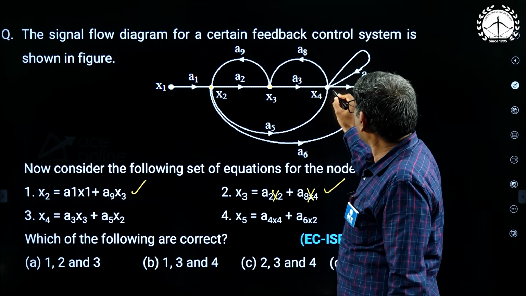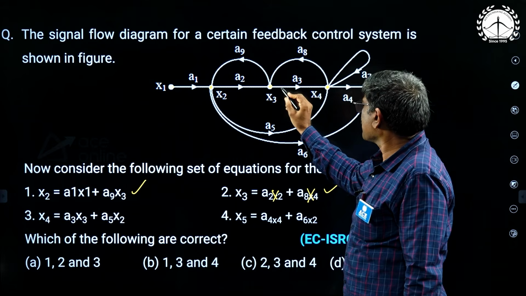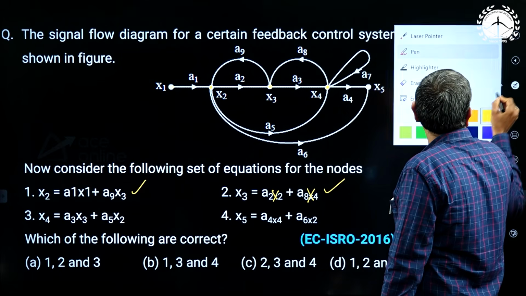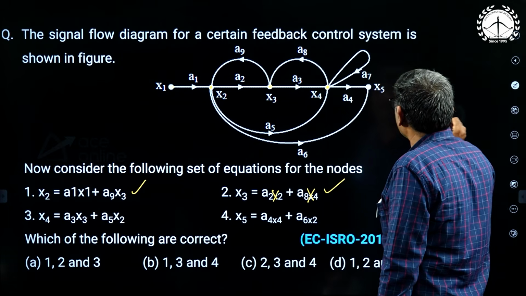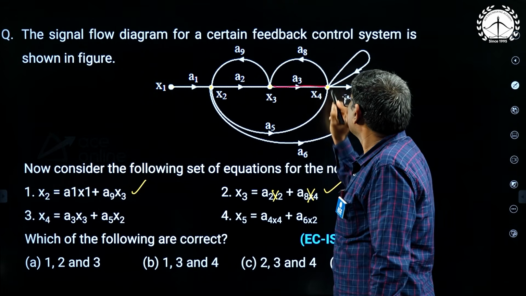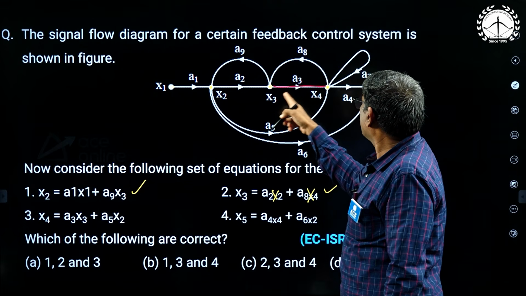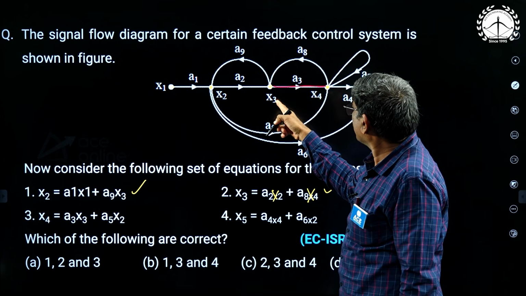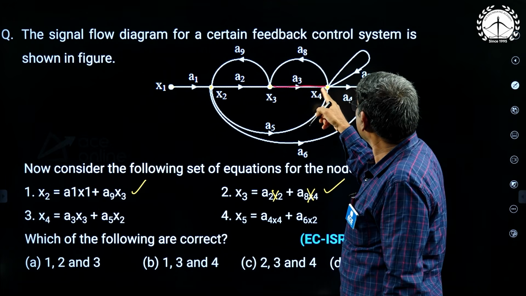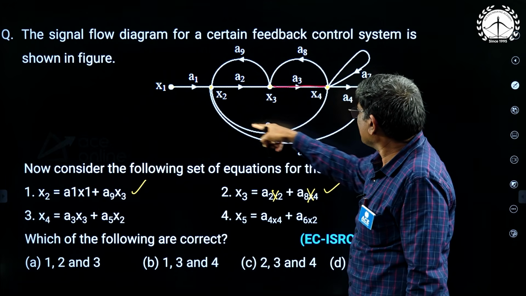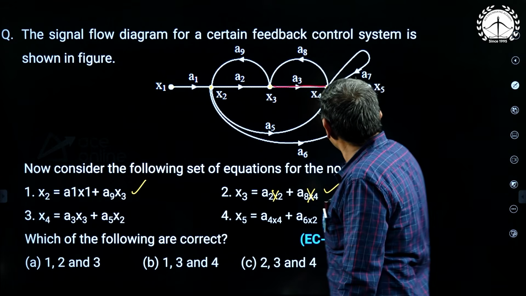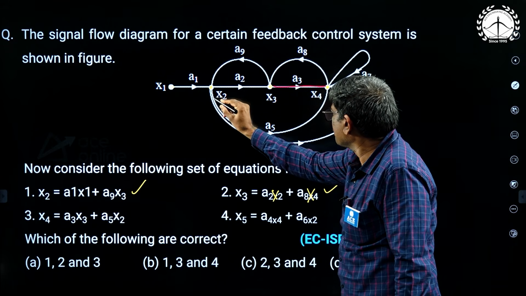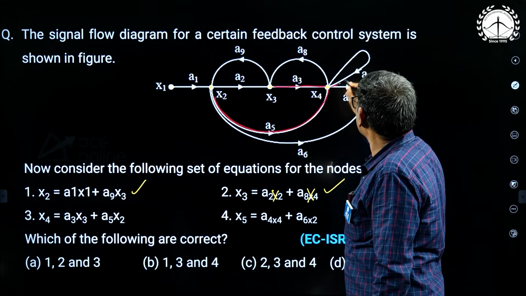Next, x4. How many incoming branches do you observe here? There are three incoming branches: a3 x3, another incoming branch a5 x2, and one more incoming branch.